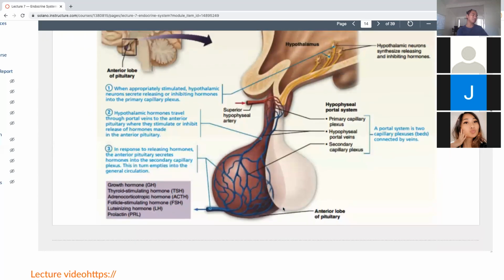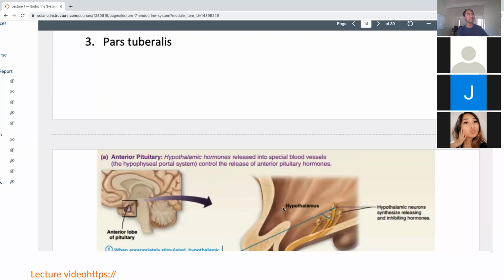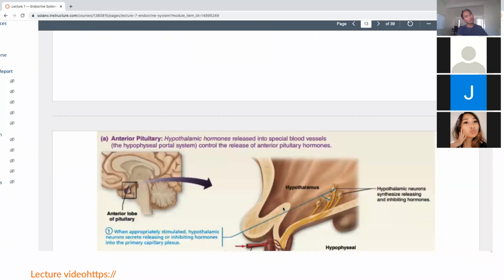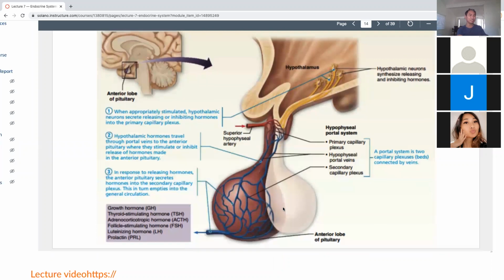Anterior pituitary and posterior pituitary. The hormones from the posterior pituitary are easy, because there are only two hormones from the posterior pituitary.